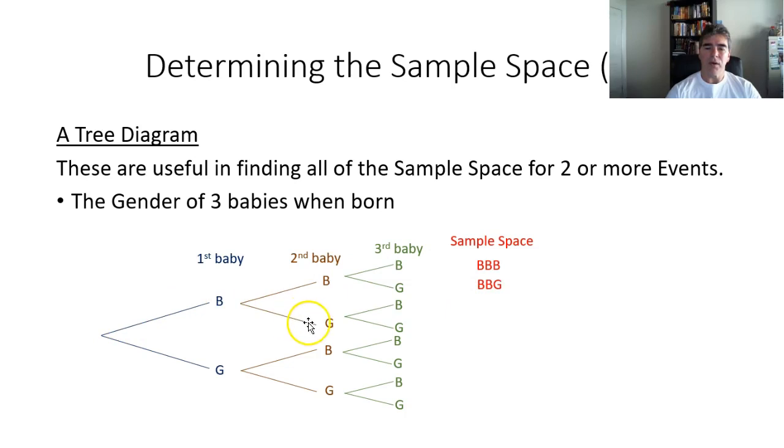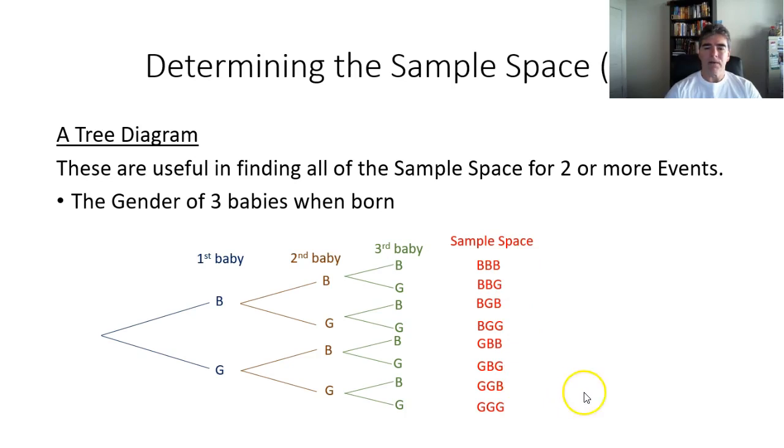Then we can do boy, girl, boy; boy, girl, girl. And we keep following along our branches, girl, boy, boy, and finish up our sample space. So as you can see, for 3 children, there are 8 different possibilities.